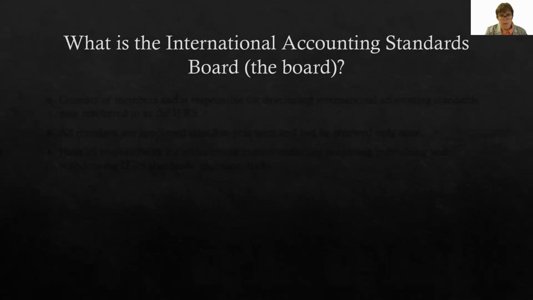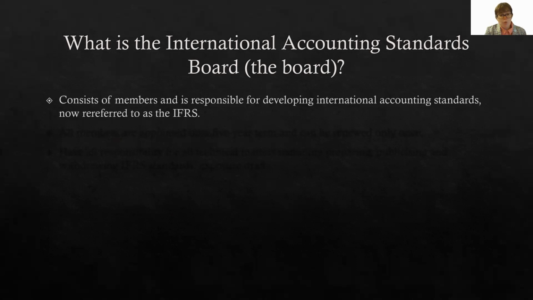Secondly then, the IASB, otherwise known as the International Accounting Standards Board. What do they do and who are they? The board will consist of members, and it is responsible for developing international accounting standards, which are now referred to as the IFRS.